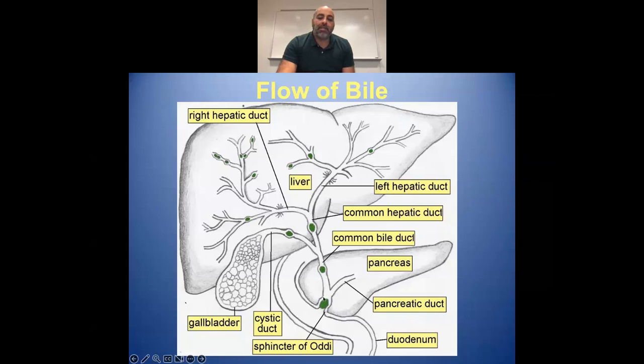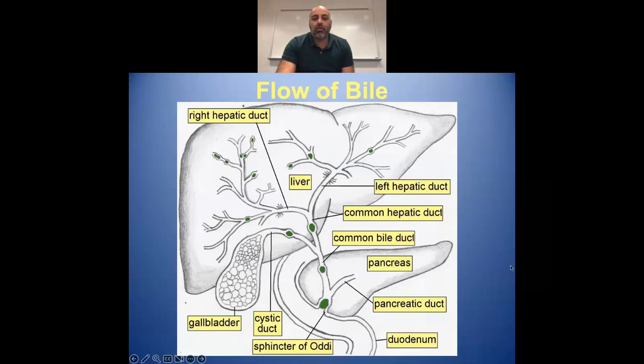Here they're showing what would happen if there was a stone. When you have these stones, if it's here, everything backs up. So we start to see pancreatic enzymes in the bloodstream. We can see pancreatitis, and then we start to see that bilirubin build up in the bloodstream. If it's just up here, just the bilirubin builds up in the bloodstream. You can see liver enzymes increase, stuff like that.